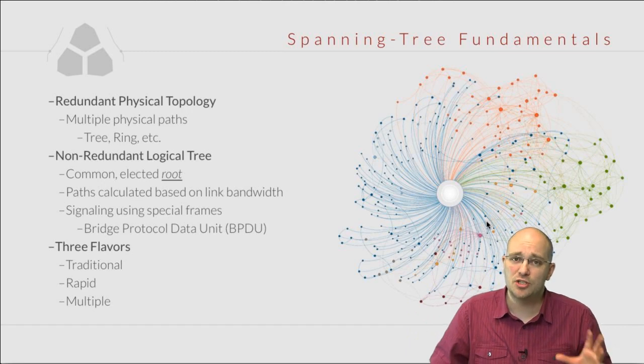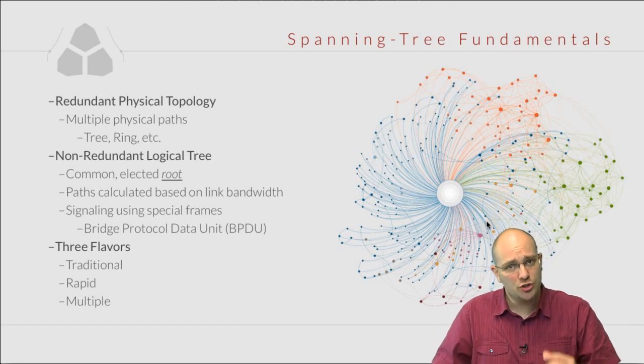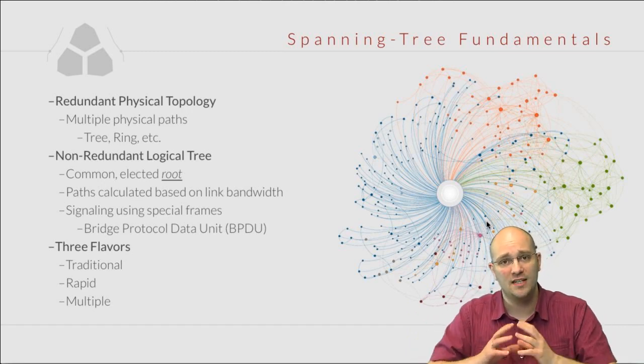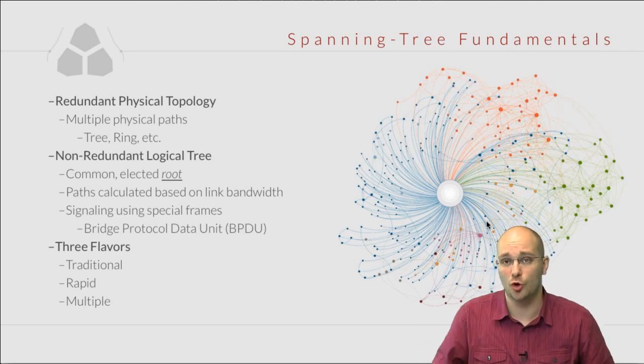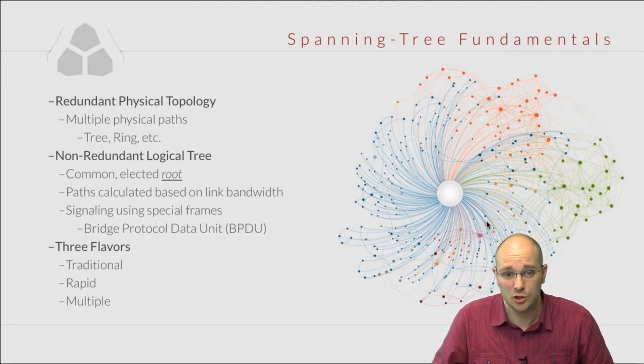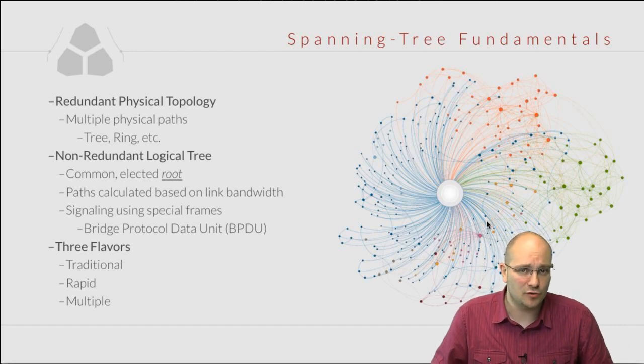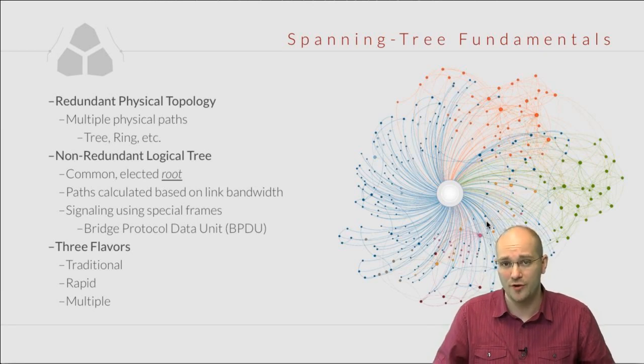Also, switches need to communicate who is the root, who wants to be the root, how the election of the root is going to happen, and this is done using special frames called bridge protocol data units, or commonly called BPDUs. Spanning tree, generally speaking, comes in three flavors, and I'm going to talk about all three of them.